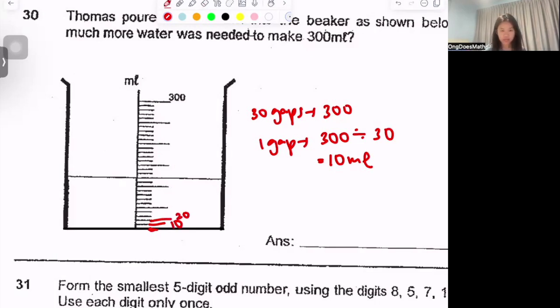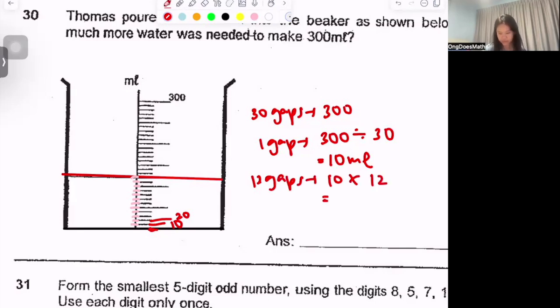So let's find out how much water is there right now in the beaker. So it's this line over here, right? So let's count how many gaps there are. So it'll be 1, 2, 3, up to 12. 12 gaps means 10 times 12 ml.